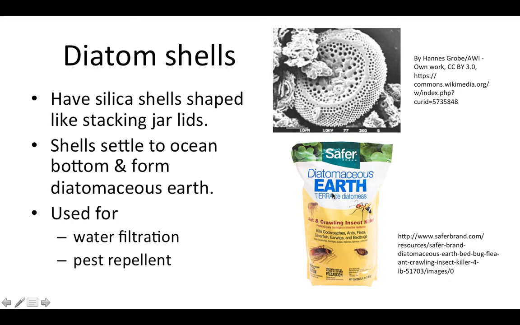We can also use diatomaceous earth as a pest repellent. The idea here is that these shells can be sharp, and the pieces are so tiny that as various insects walk over them, then small bits of this shell either get embedded into the insect's exoskeleton or they create small tears in it.